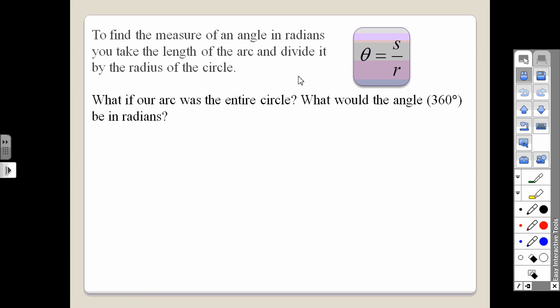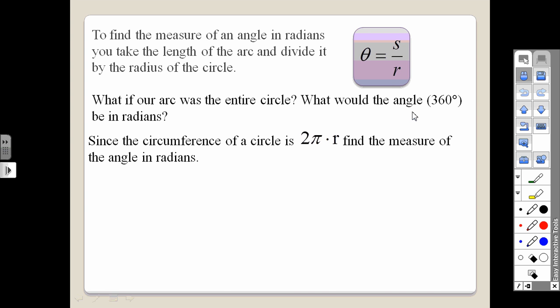Okay, so what if our arc was actually the entire circle going around one complete rotation? What would the angle be in radians? And we're talking about the angle of 360 degrees, so going an entire way around the circle. So using this formula, our theta would be the arc length, which is the circumference of the circle, divided by r.